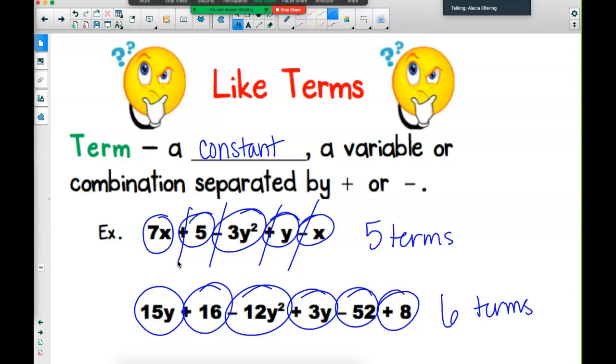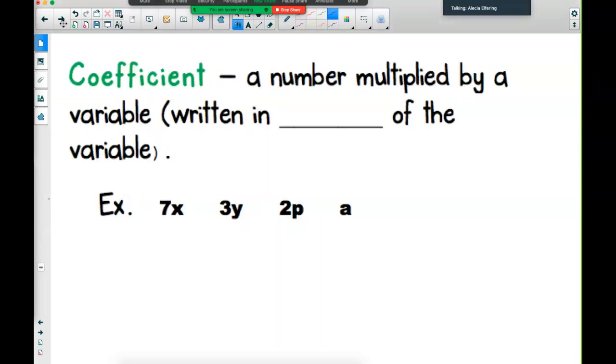Okay, then we're going to talk a little bit about coefficients. We said this word yesterday. The coefficient is a number multiplied by a variable, and it's always written in front of the variable. Okay, so if I have the term 7x, what's the coefficient in that term?